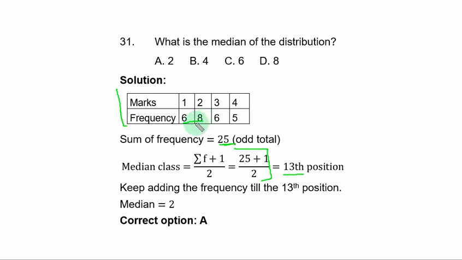Now 13 is contained in this place. The sum of 6 and 8, and the mark there is 2. So the median mark, or the median, is 2. A is the correct option.